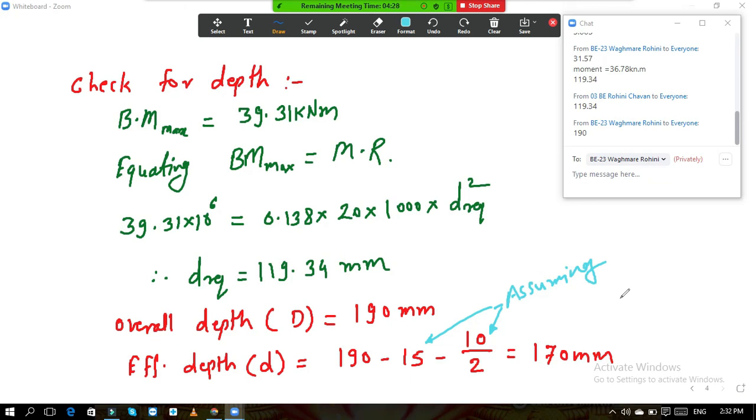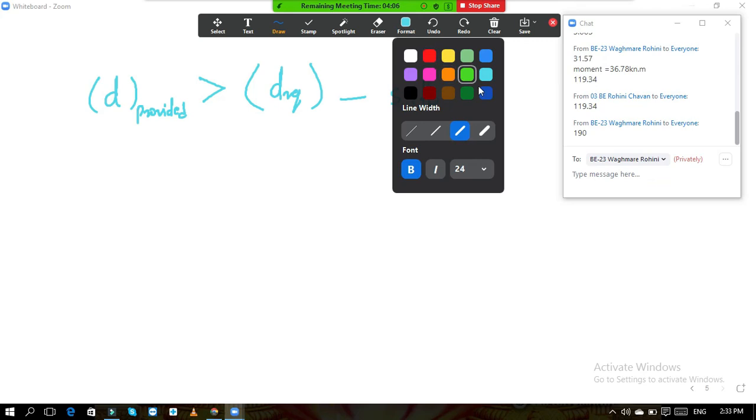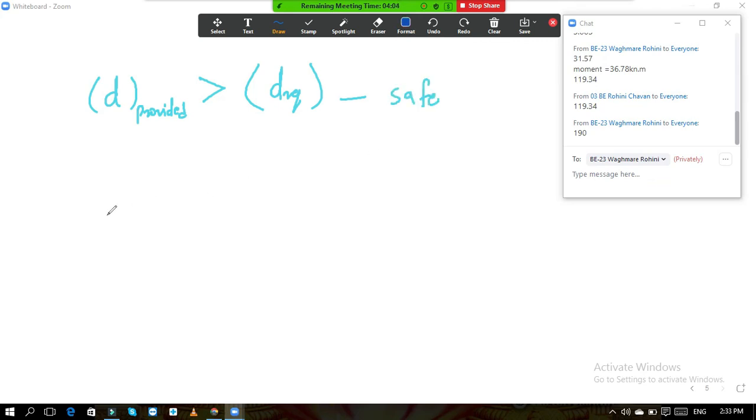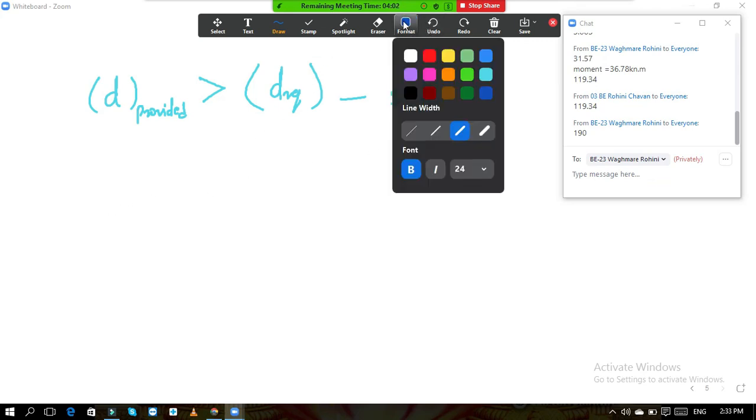So now if you see our D provided is greater than D required, hence it is safe.